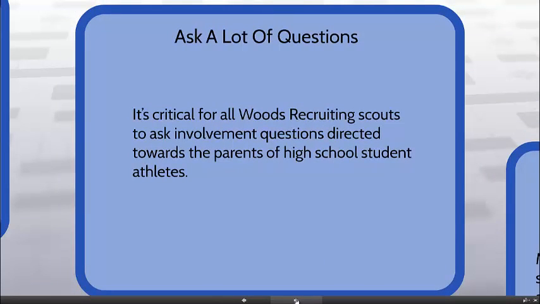So it's critical for all Woods Recruiting scouts to ask involvement questions directed towards the parents of high school student athletes. Now, why do I say that? Everything you're doing is directed towards the parents.